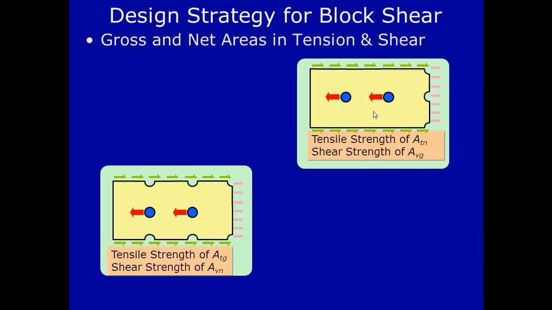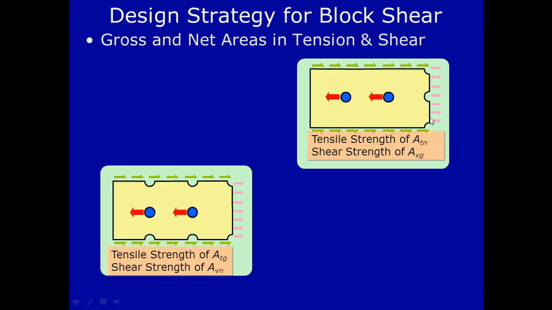Now, this diagram shows that in these planes, the green arrows show the shear stresses and the pink arrow shows the tensile stresses. Now along these green arrows, no bolt holes are there. So this is why to calculate the net area in shear for this diagram, we should consider the gross area.